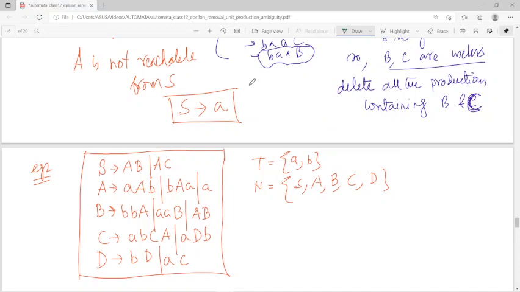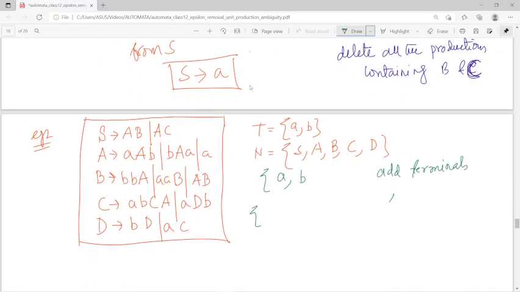Say what the process is. First you have to add terminals, that is the corresponding process. Now see the right side of the production. In the second step, see the right-hand side of the production generating AB.